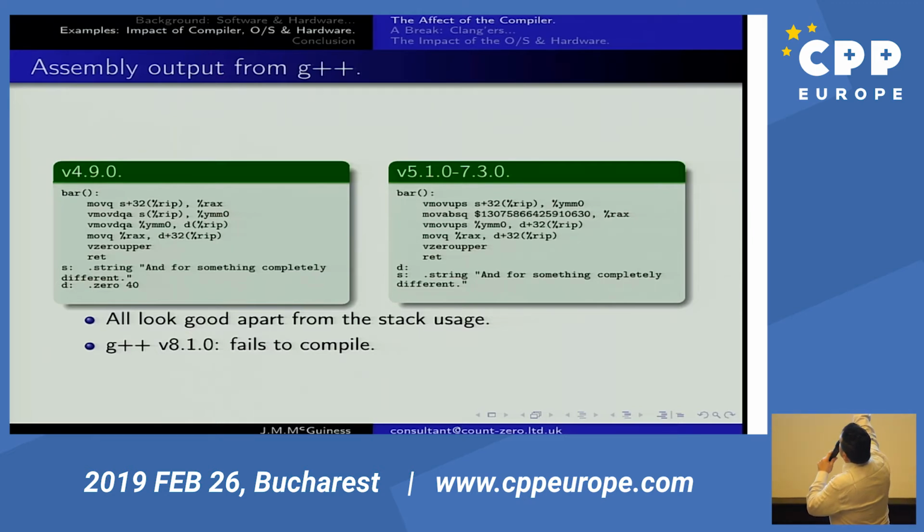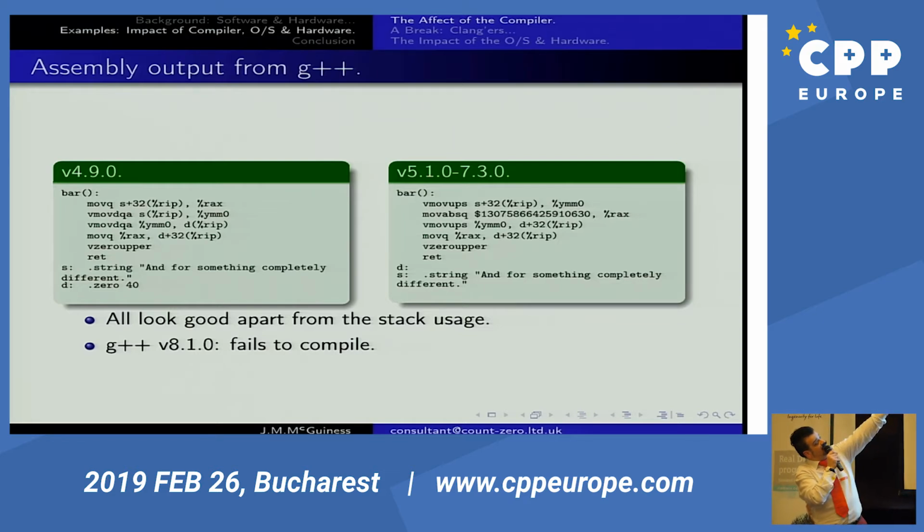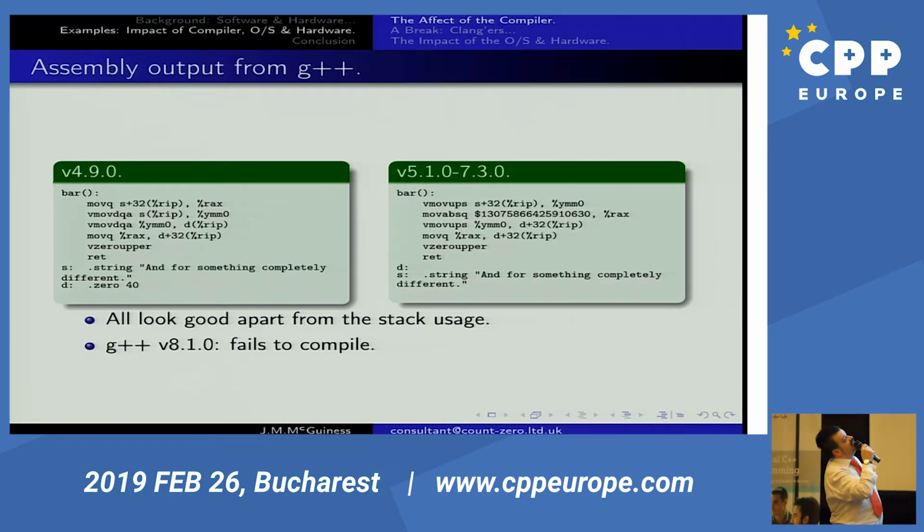But newer versions of GCC have managed to actually put the char string immediate into the instruction cache. Excellent. Bizarrely, the tail has not been. So it's actually chopped it into two pieces. And what's interesting as well is notice the VEX instruction has to use the stack, but move abseek can use an immediate.